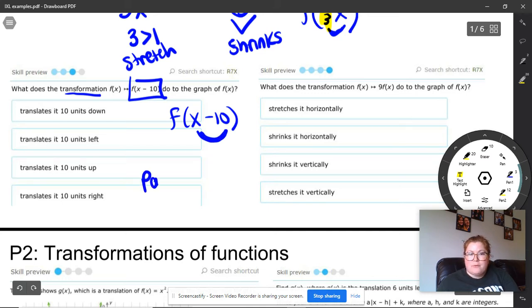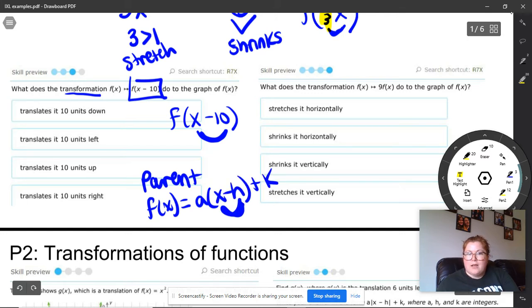So if I look at my parent function, we have f of x equals a times (x minus h) plus k. So we're talking about my h. Since h is grouped with x, h again means horizontal. So that means we're going either left or right.